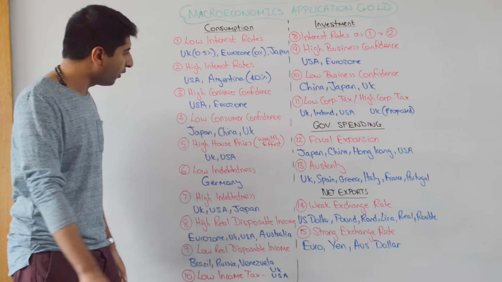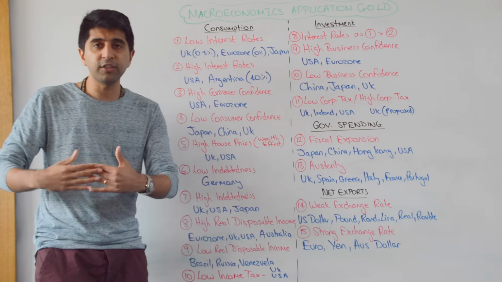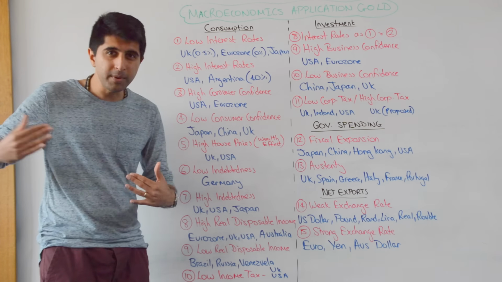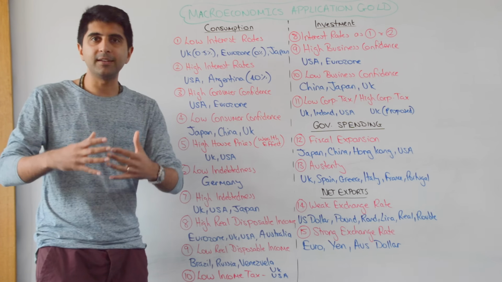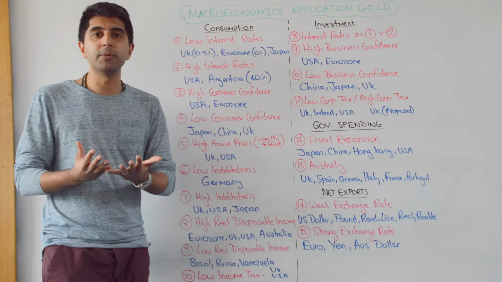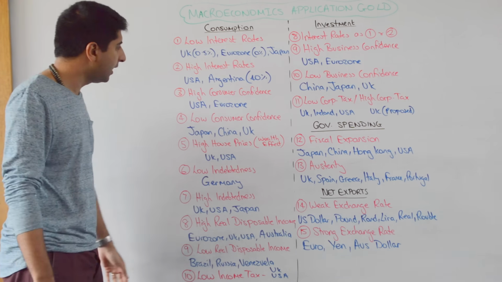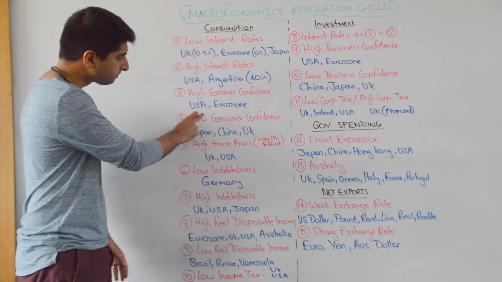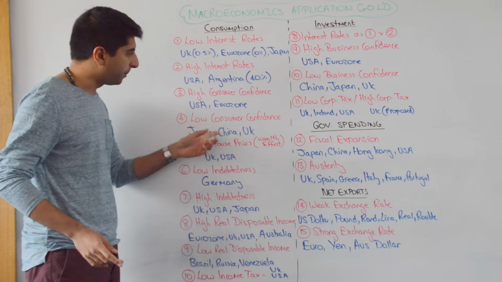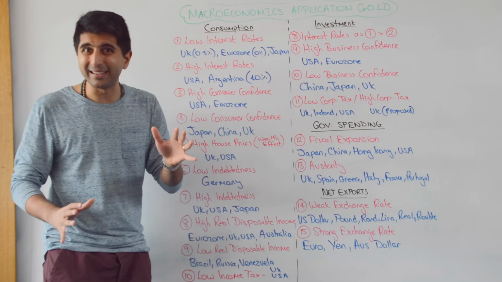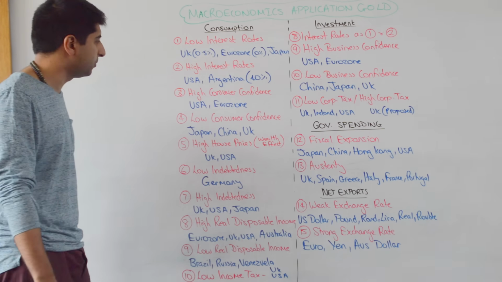Countries with high consumer confidence, we have the USA and the Eurozone, both growing economies, the USA booming, the Eurozone economy is recovering, and with that you expect there to be higher consumer confidence as unemployment falls in both of those economies. In the USA, unemployment is very, very low, around 4%, whereas in the Eurozone it's coming down significantly, both drivers of higher consumer confidence.